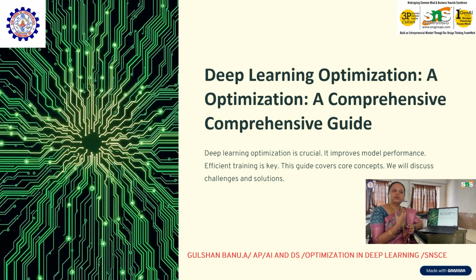It improves model performance, and it is an effective tool for the AI to get trained. This covers one or more concepts related to the optimization process. We will discuss certain challenges and certain solutions based on this optimization.